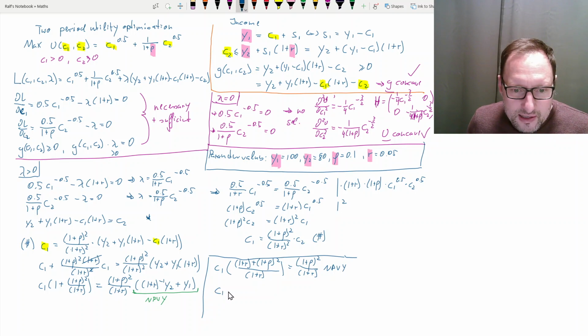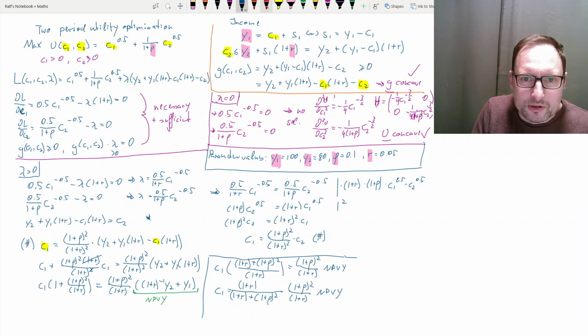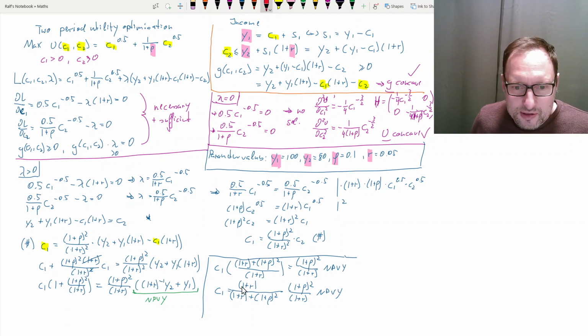So we're getting c1 is equal to (1+r) over (1+r) plus (1+ρ)², times (1+ρ)² over (1+r) times the net present value of the income. And again, let me use a nice red pen to see where things simplify here.